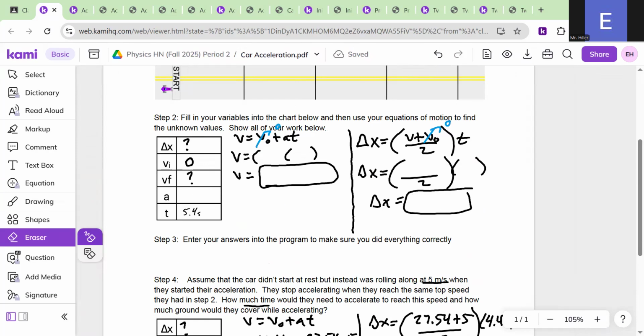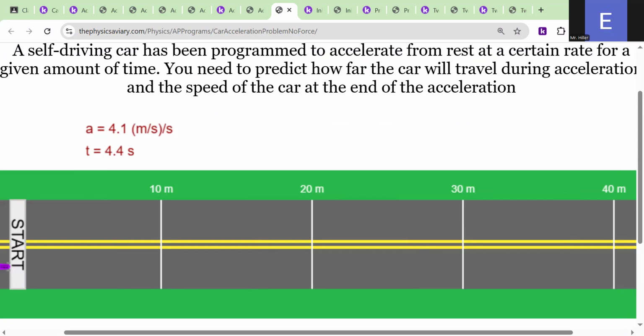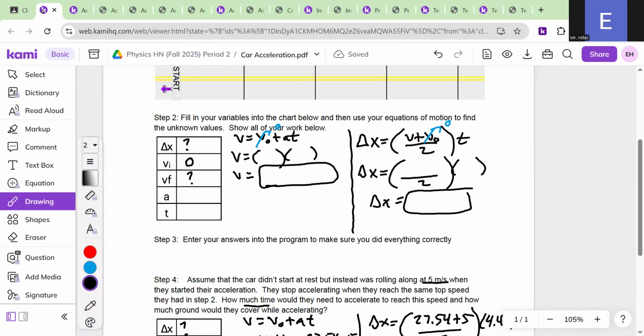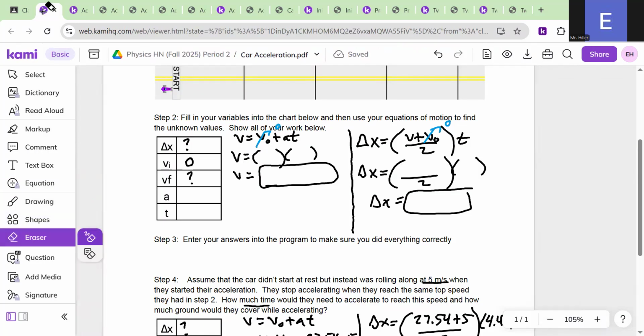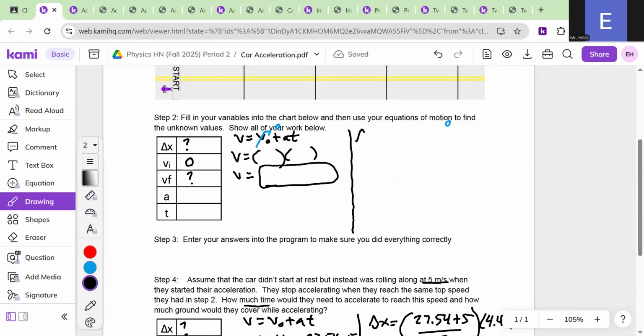See, acceleration 4.41. Oopsie. And I can always try a different equation. I mean, 11 should work, but it doesn't hurt to try something new. I could try the V naught times T plus 1/2 AT squared. We'll see what happens.